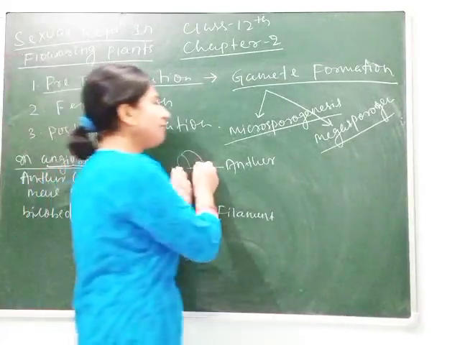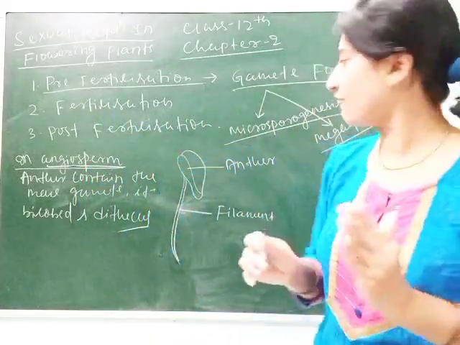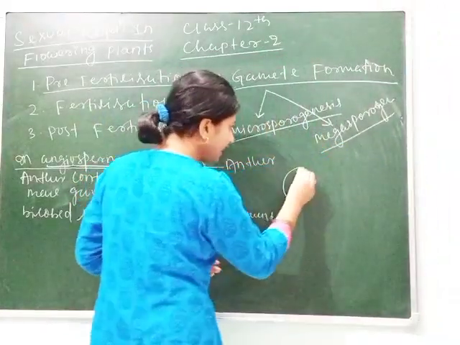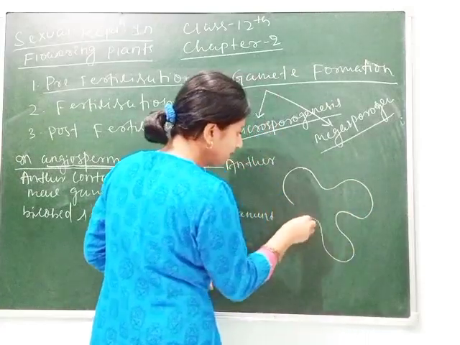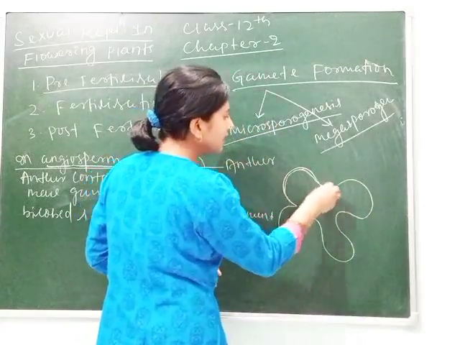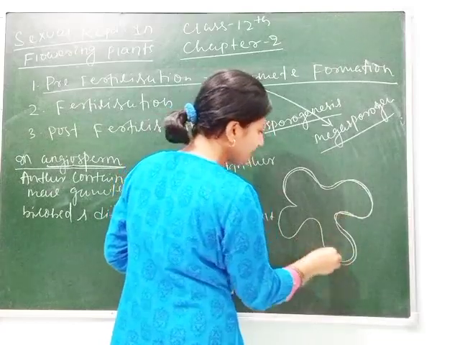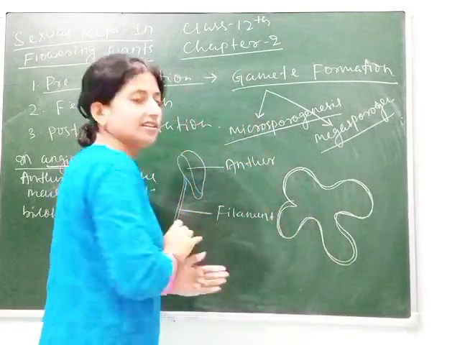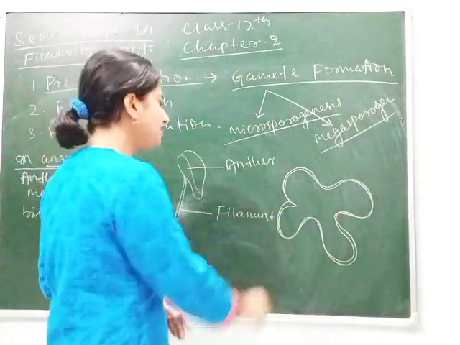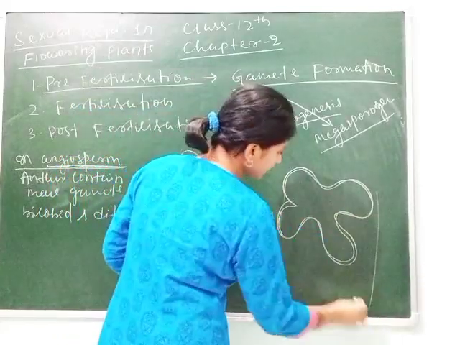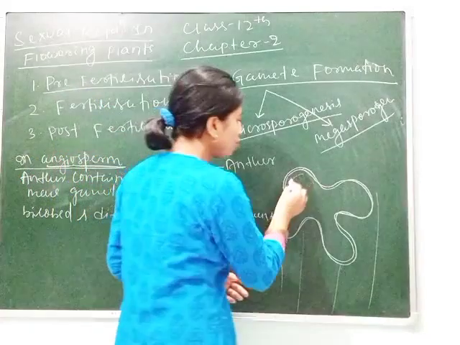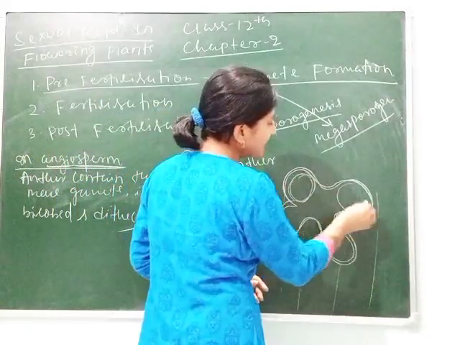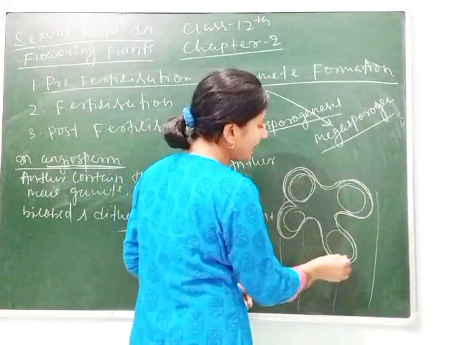This means if we cut a transverse section of the anther, we can see a structure like this. As I have told you, the anther is bilobed and dithecous.